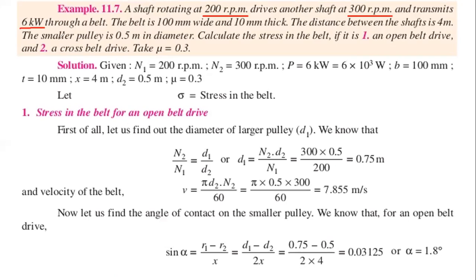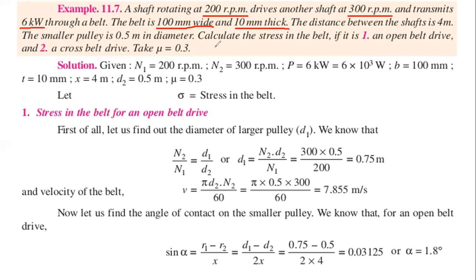So this is the power to be transmitted. Then the belt is 100 mm wide and 10 mm thick. So it is given as width B is equal to 100 mm and thickness T is equal to 10 mm.